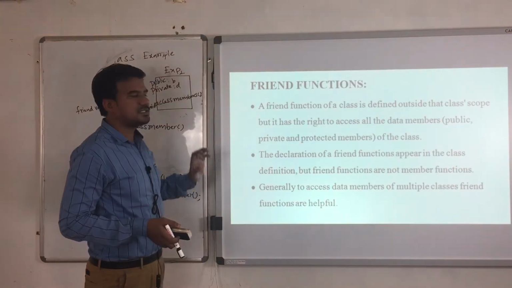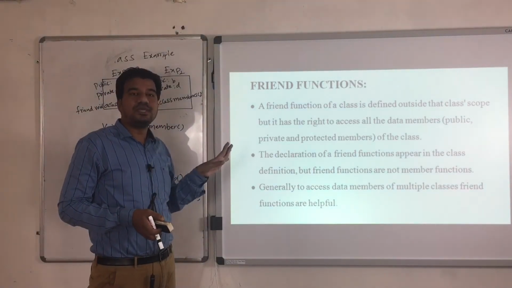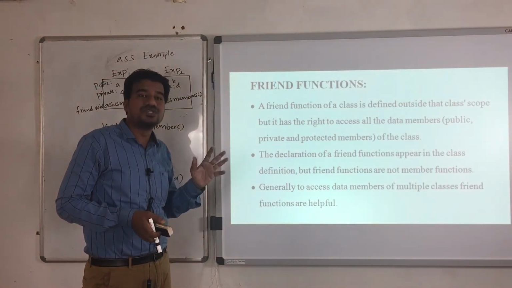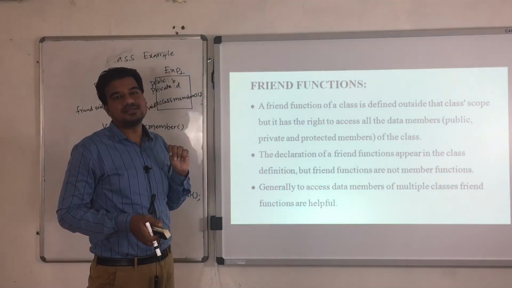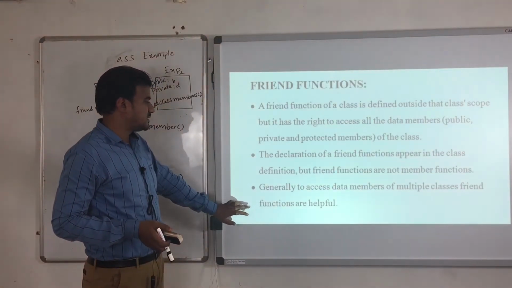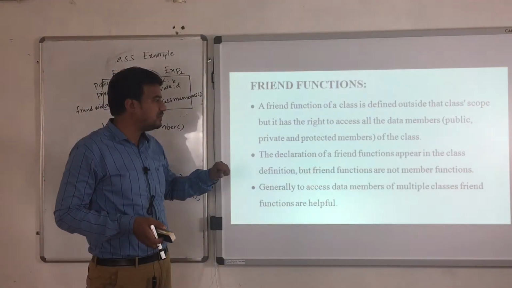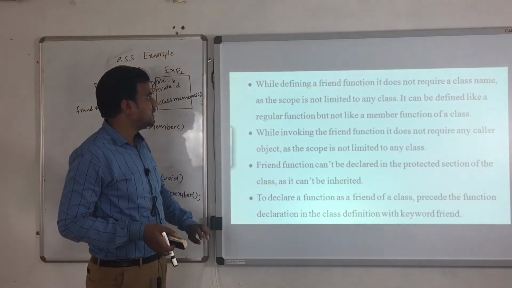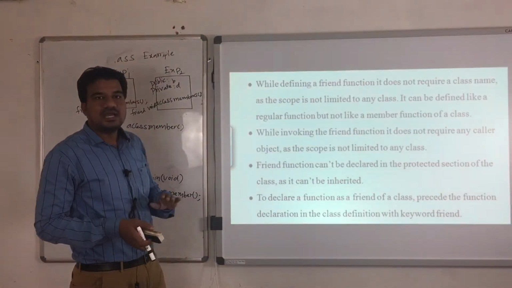Yes, the definition will not appear in any particular class. Always the definition of a friend function goes outside of all the classes. Generally to access data members from multiple classes, we use friend functions, or friend functions are helpful. That also we discussed.